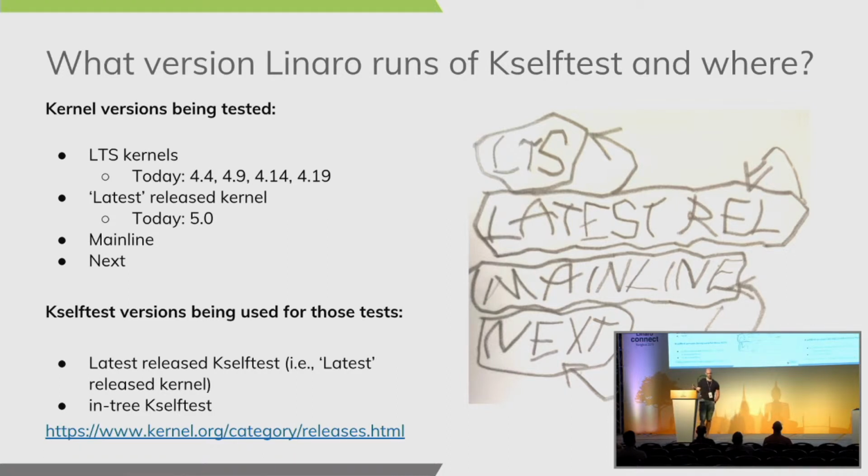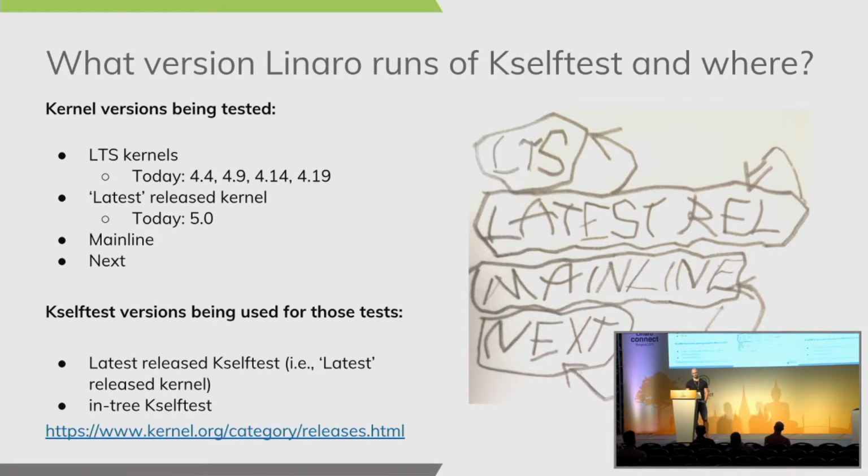And how do we run? Which version of Kselftest do we use? For LKFT, we are trying to test long-term support kernels. And we run that with the latest released Kselftest.